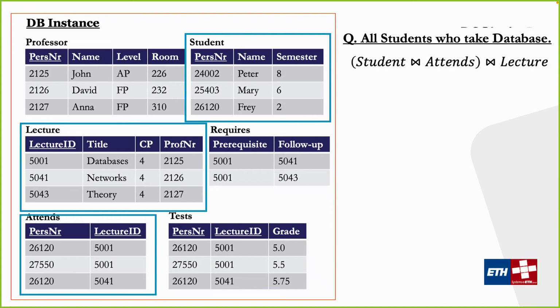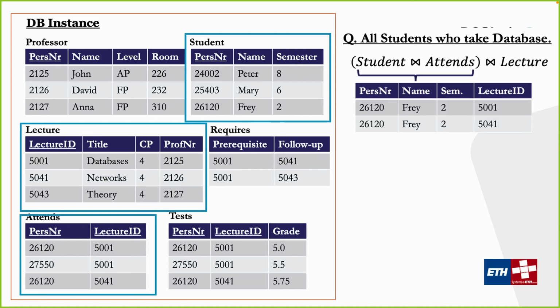And one way to write it is, let's join them all together, right? Students attend lectures, and then you have a natural join between student and attends, which matches on student ID, and you do the natural join with lecture, and then you match the lecture ID. This gives you a huge tuple, right? It contains the student information, and then the lecture the student takes. Okay, this is a really big tuple.